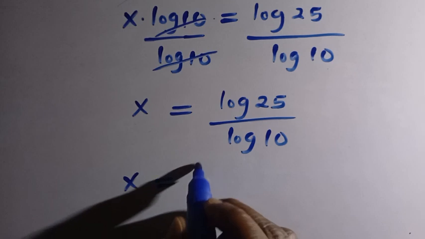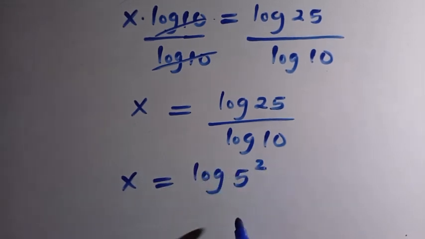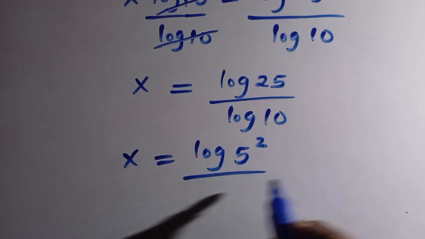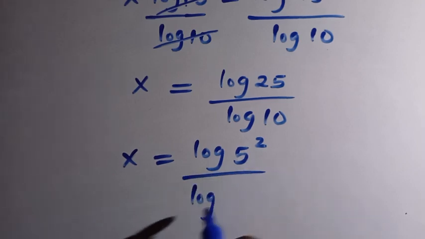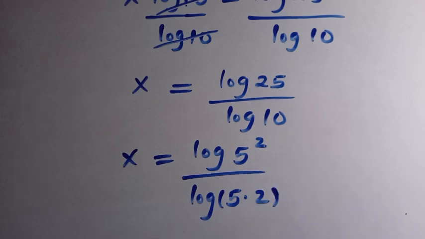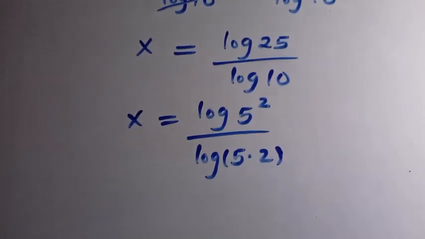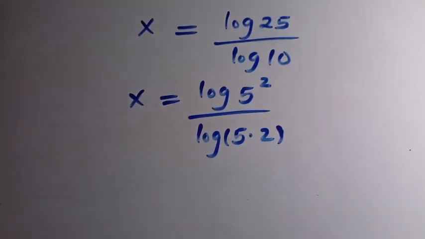By simplifying, we can write log 25 as log of 5 raised to power 2, divided by log 10, which we can write as log of 5 multiplied by 2. I've applied this power rule already, but let's see this one. We have 5 times 2, which is multiplication.